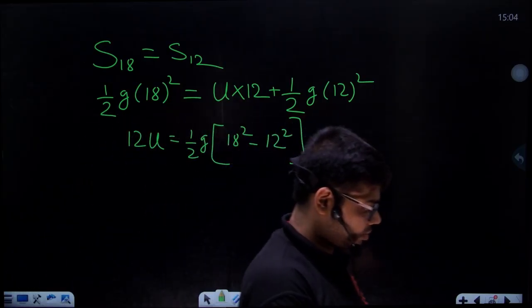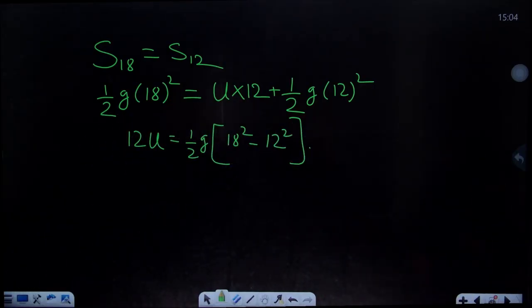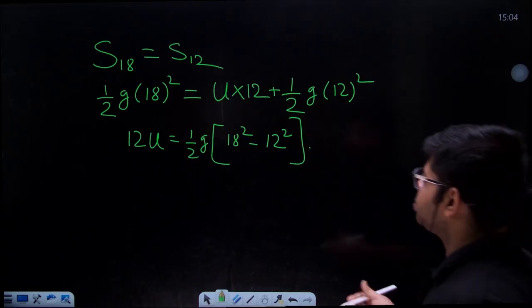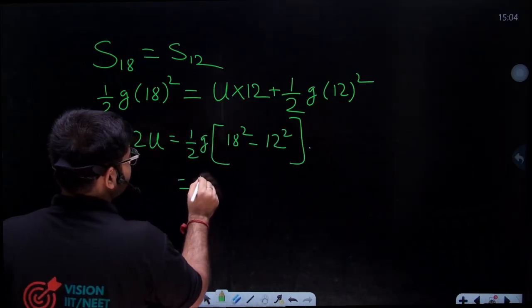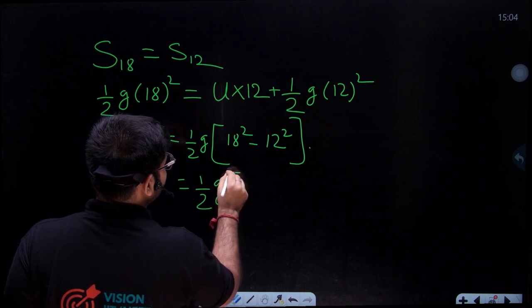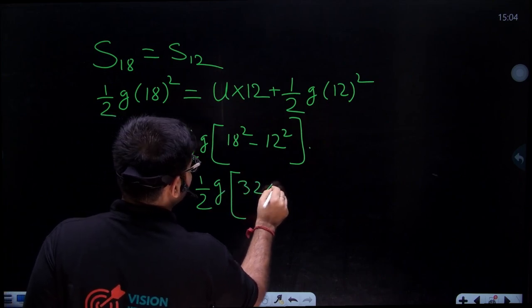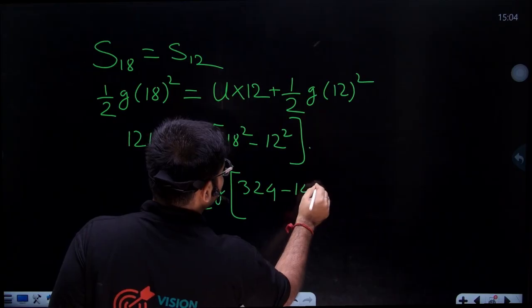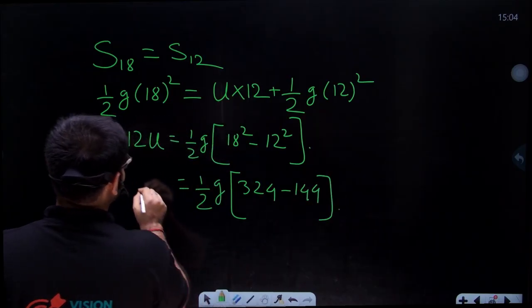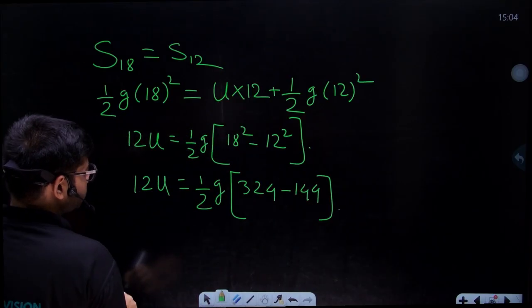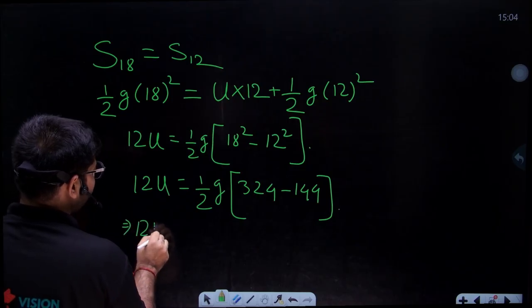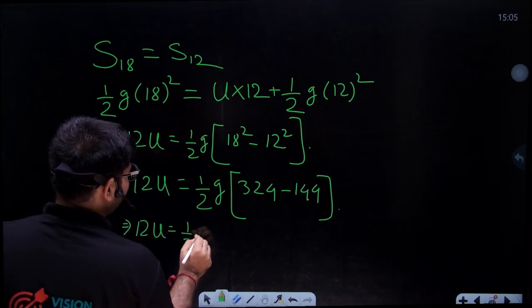Can I say this? I have just rearranged it, nothing. So what I can write here is 12u is equal to half into g times the difference of squares.